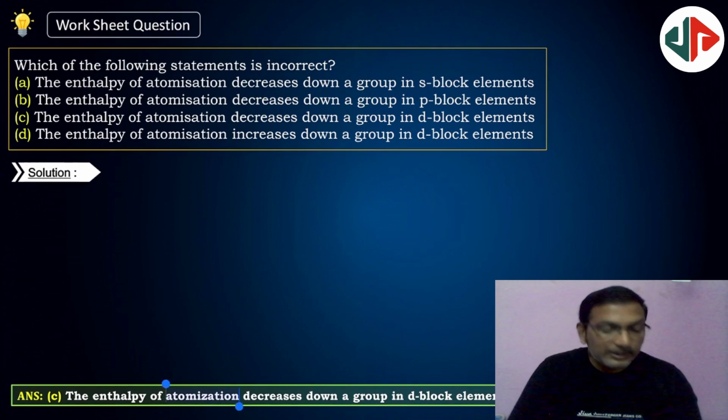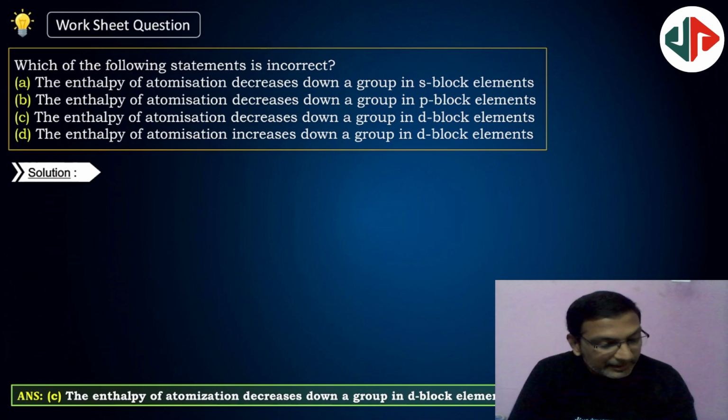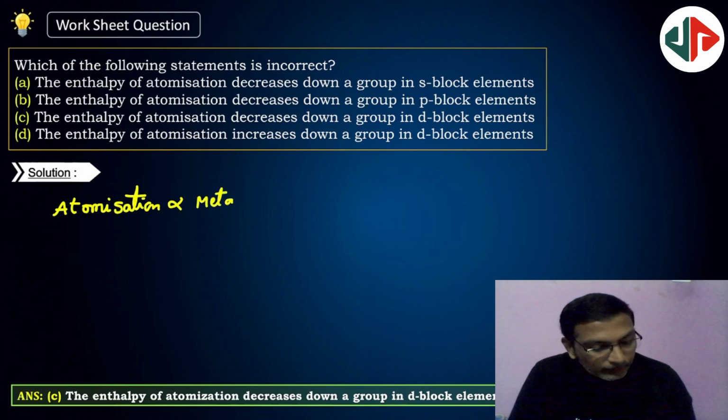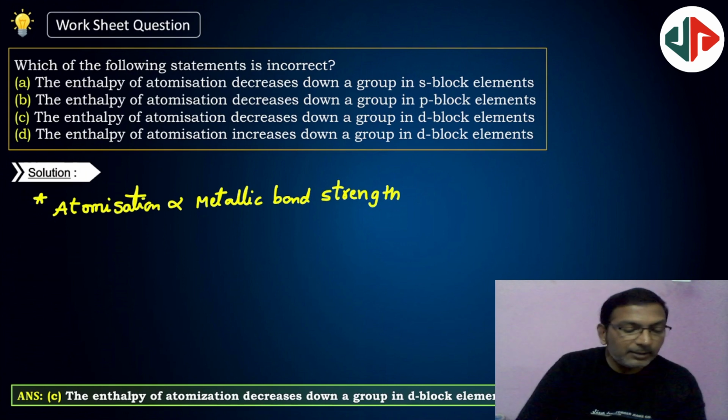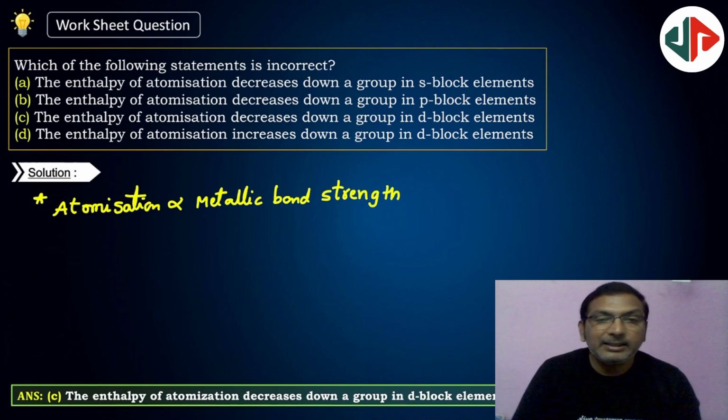This is also very important question. Enthalpy of atomization. Remember like this. Atomization directly proportional to metallic bond strength. Heat of atomization or enthalpy of atomization directly proportional to metallic bond strength. As the bond between metal and metal increases, heat of atomization also increases.